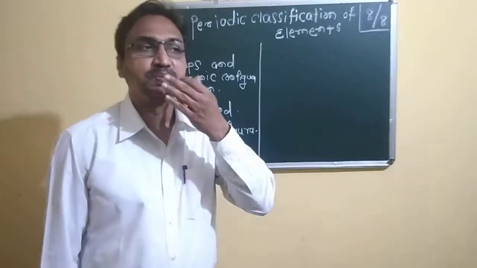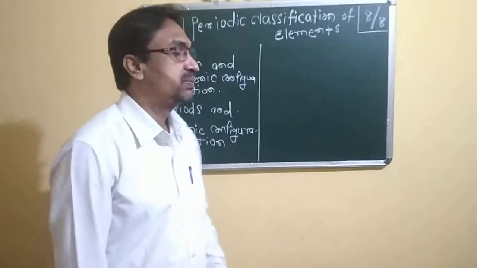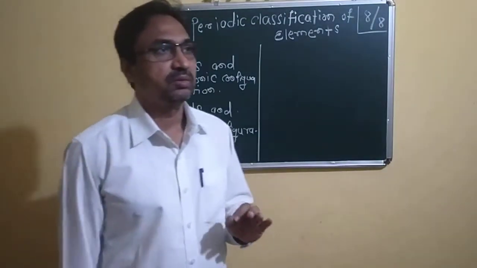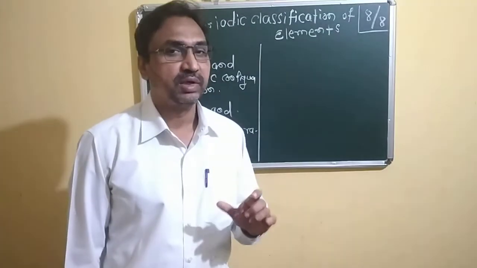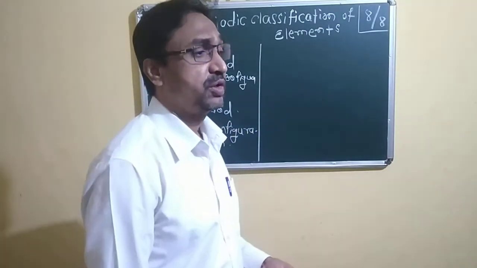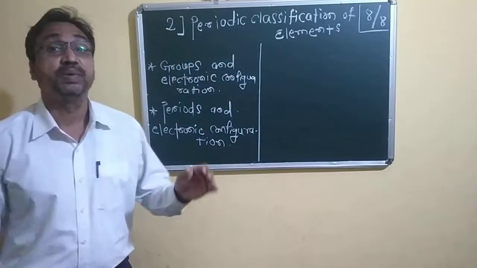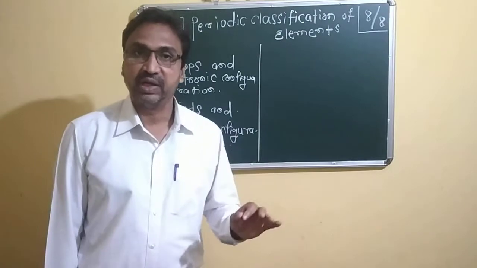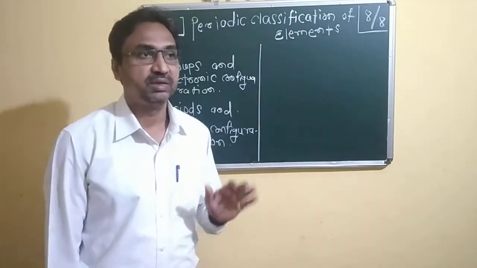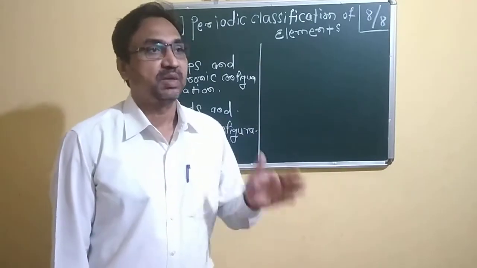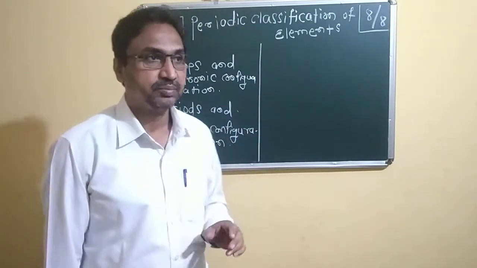But after that, when we explored the electron, proton, nucleus, they realized that atomic mass is not the important one, but atomic number, which indicates the number of protons or number of electrons, is the most important fact, and these are the main parameter which can affect all the chemical reactivity of the element.